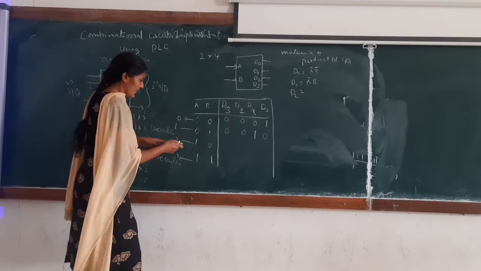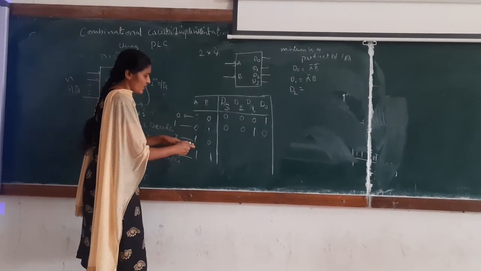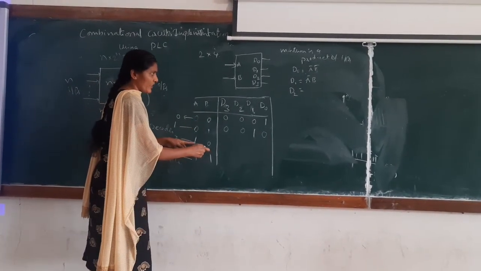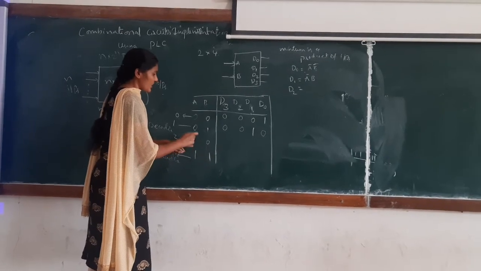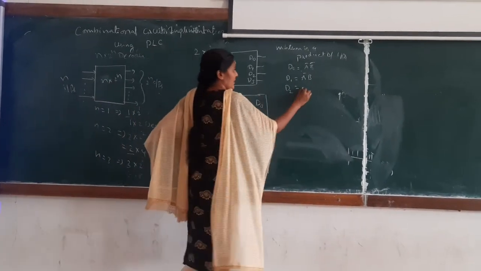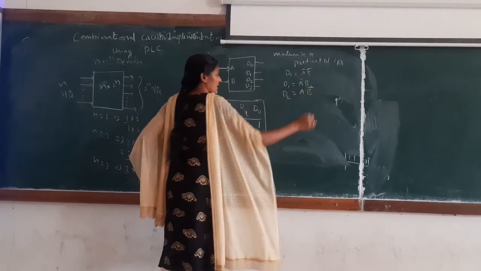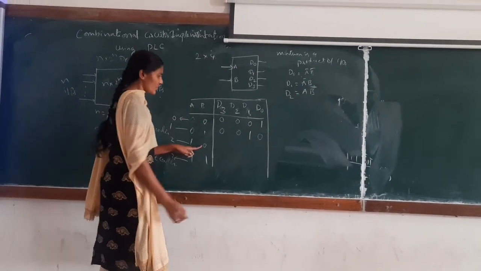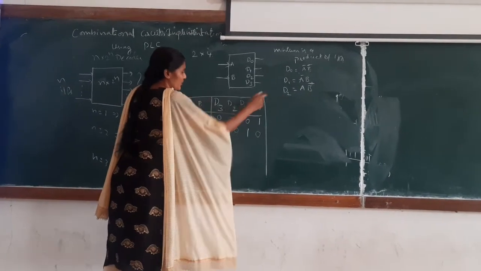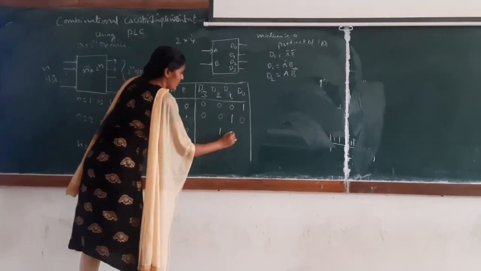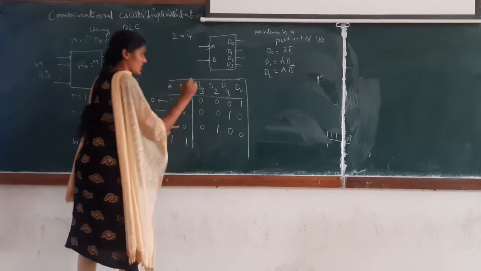In the second decimal state, A is the normal value and B is the complemented value, so its product term is A B bar. You can write B dash or B bar. The corresponding output term goes to high state and the remaining terms go to the 0 state.